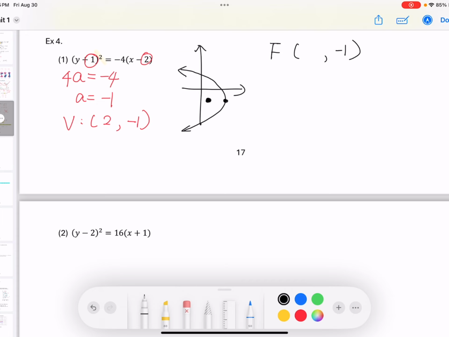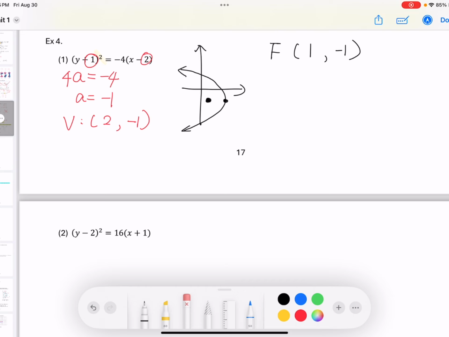And for the x value, we have learned the formula. It is h plus A. H is 2, A is -1, so the addition will make it 1. You can also use your graph.